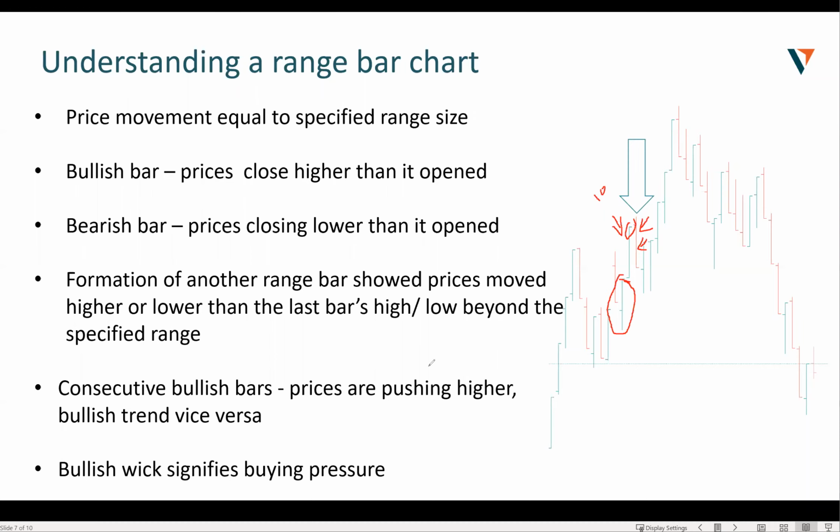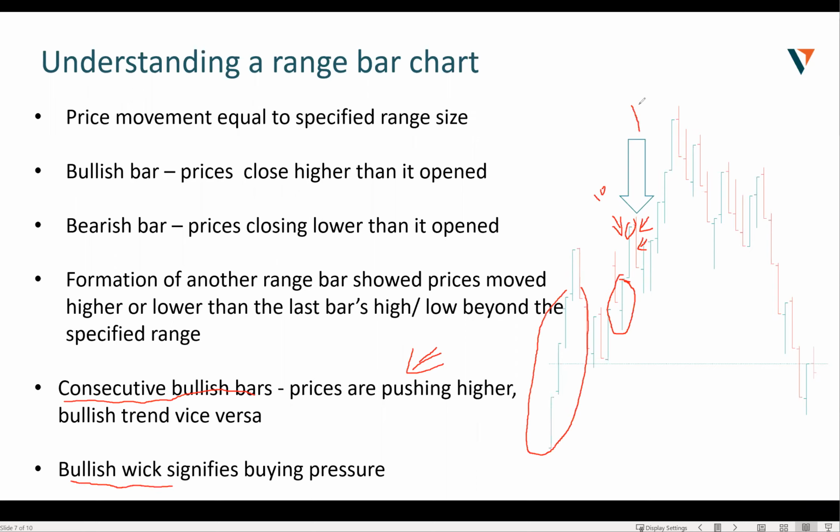So one more thing to note is that we covered this: consecutive bullish bars will show that prices are pushing higher. It's also a bullish trend, essentially. So consecutive bullish bars will be represented by these moves. You have your bullish wick, which signifies buying pressure.